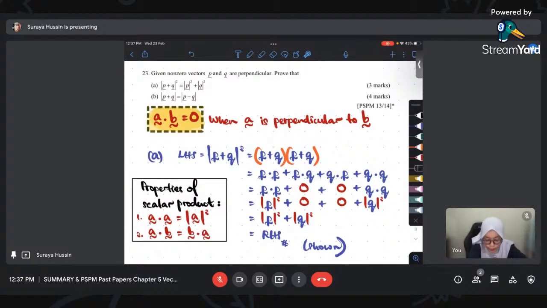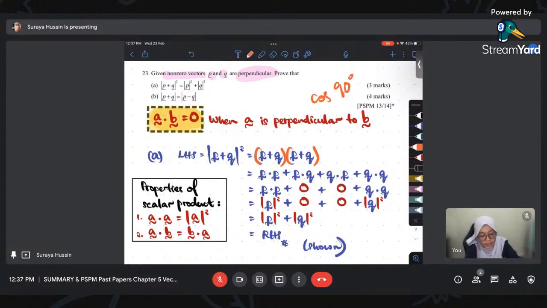Miss, kenapa dot product? Kenapa bukan cross product? Soalan ni cakap, given that the non-zero vector P and Q are perpendicular, do you remember, kalau perpendicular, mesti pakai 90 degree. So apakah trigo yang 90 degree akan beri kita kosong? So tadi kita dah ingat lah, kita dah hafal banyak kali.